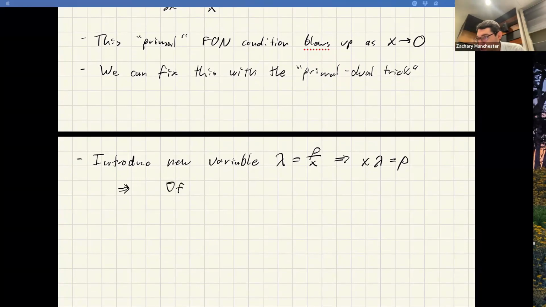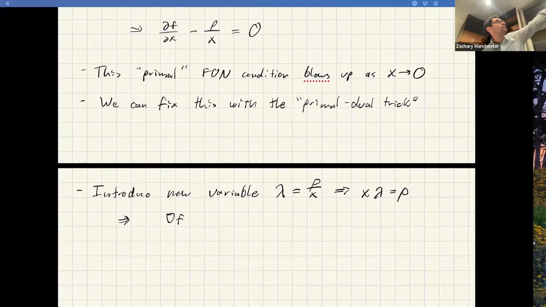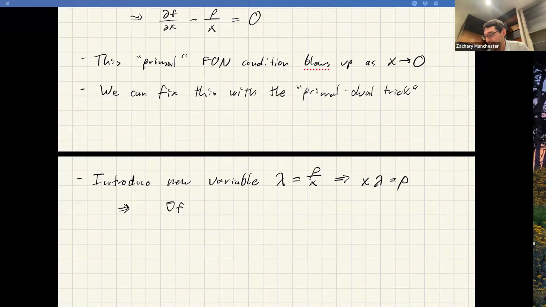Okay, so let's rewrite this now. That top line, this df dx minus rho over x, is now df dx minus lambda, right? And then I have this second line, x times lambda equals rho. Trivial, all I did was introduce a dummy variable and set it equal, and now I have this new thing in two variables, right?